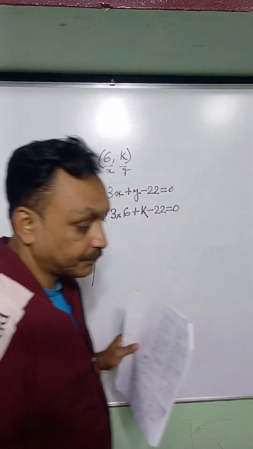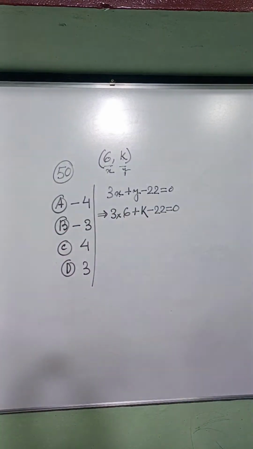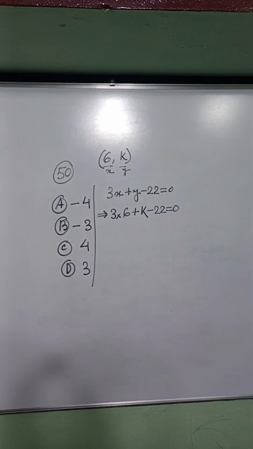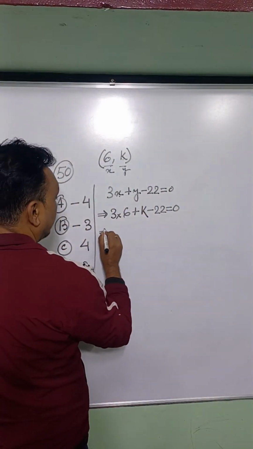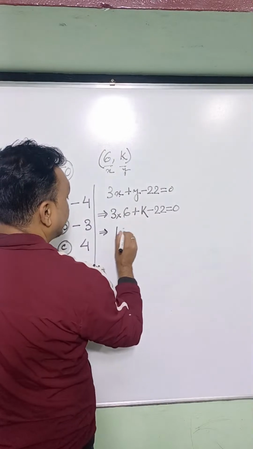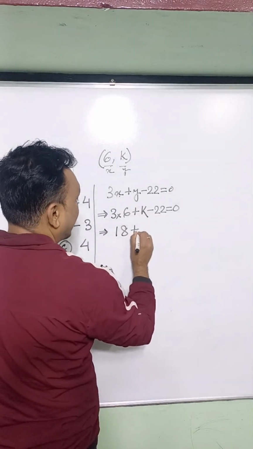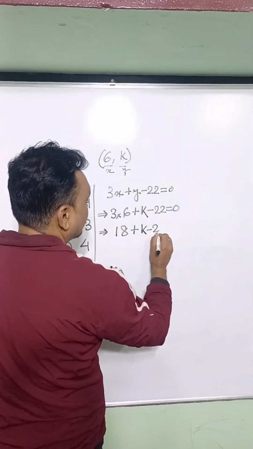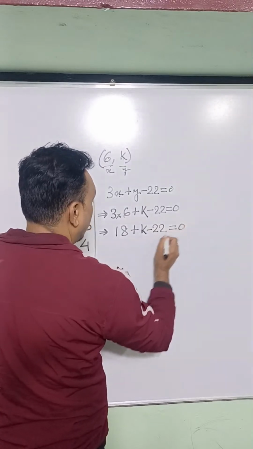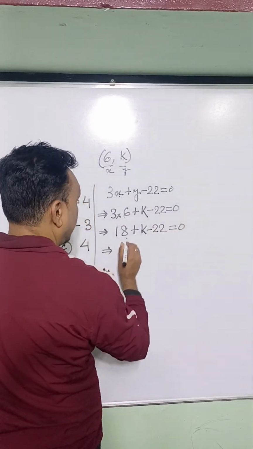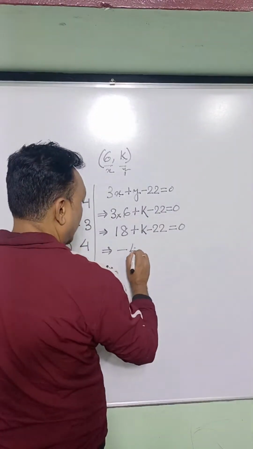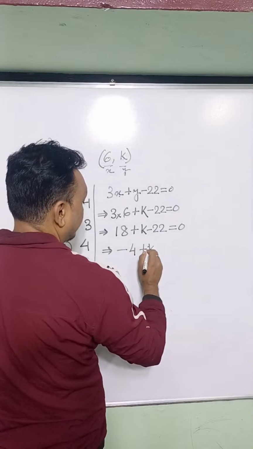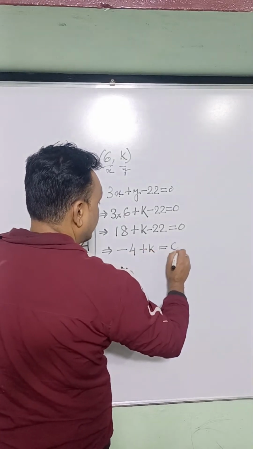Now multiply. 3 times 6 is 18, plus k minus 22 equals 0. 18 minus 22 is minus 4, plus k equal to 0.